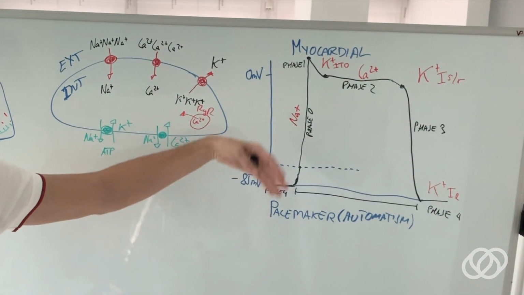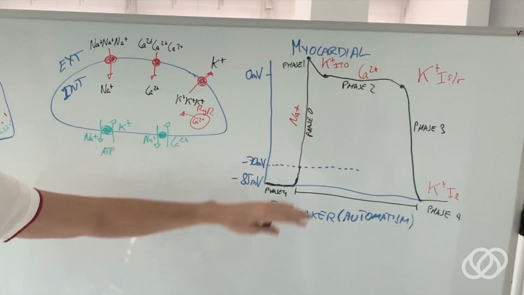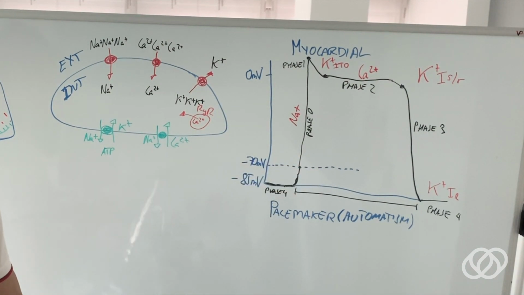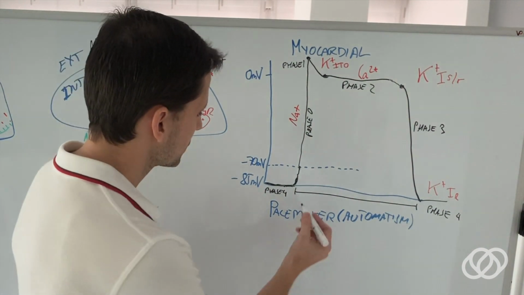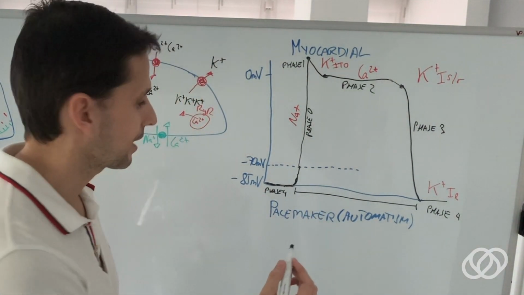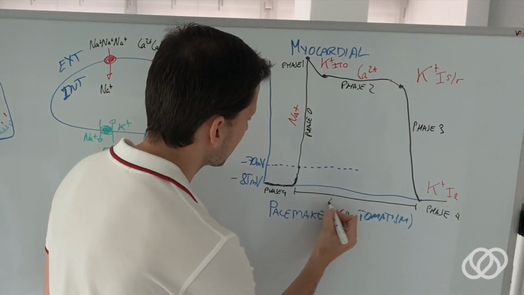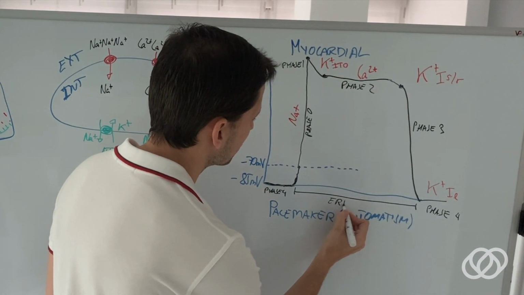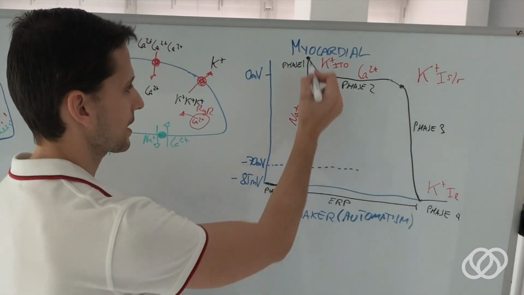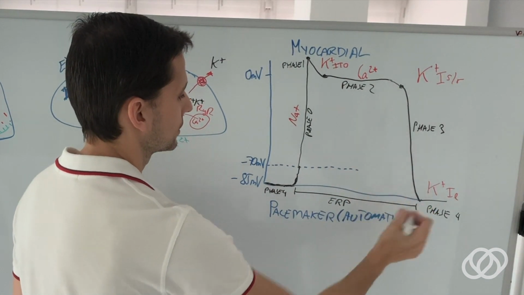It cannot depolarize again. It's another mechanism of defense. And this is what is called the refractory period, the effective refractory period. Nothing can excite the cell during this period.